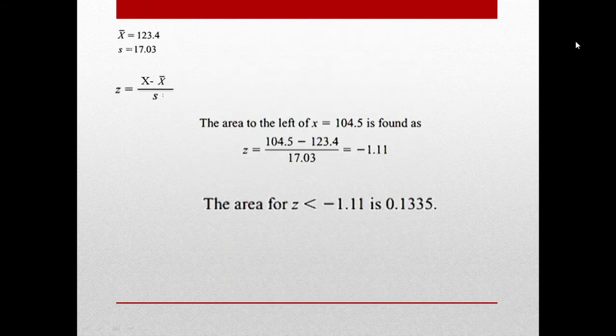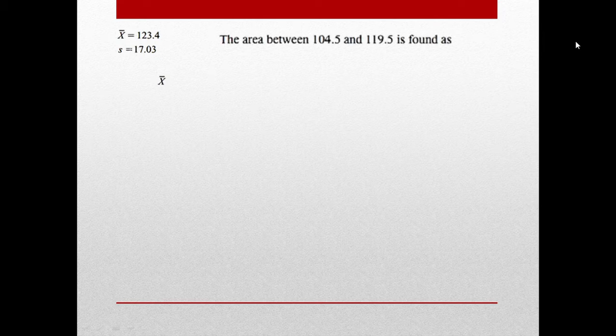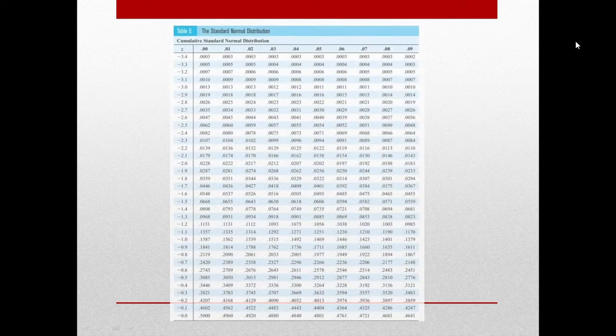Next, the area between 104.5 and 119.5 is found as 119.5 minus 123.4 all over 17.03, which is equal to negative 0.23. In table E, negative 0.23 is 0.4090.